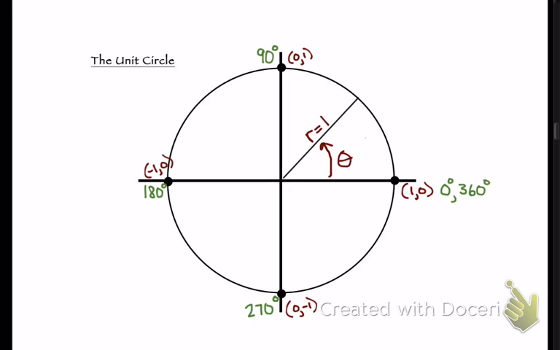Now I know them in degrees, and I can also figure them out in radians. 0 is 0 radians, pi over 2 is 90 degrees, pi is 180, 3 pi over 2 is 270 degrees, and all the way back around is 360 degrees.